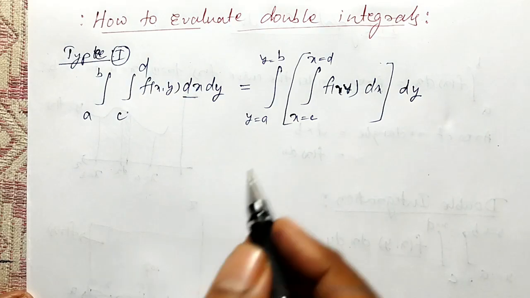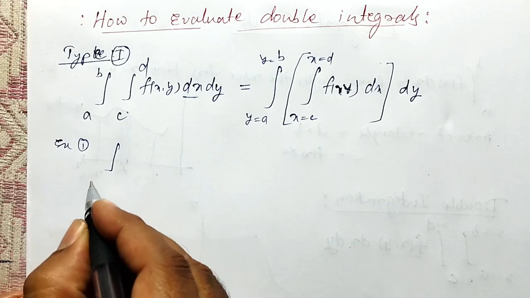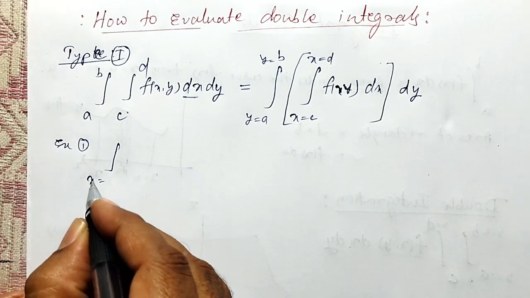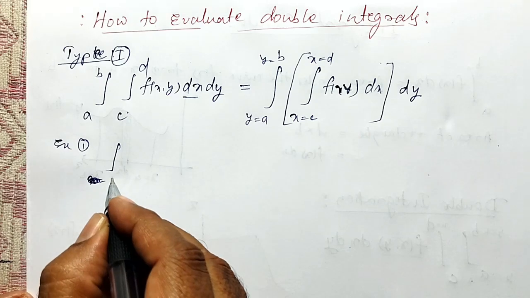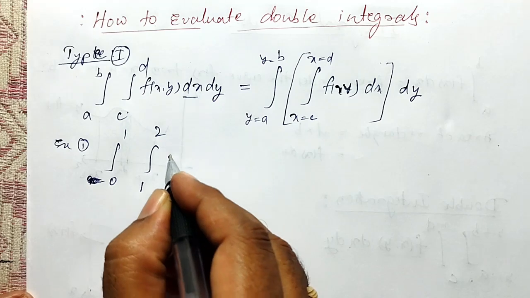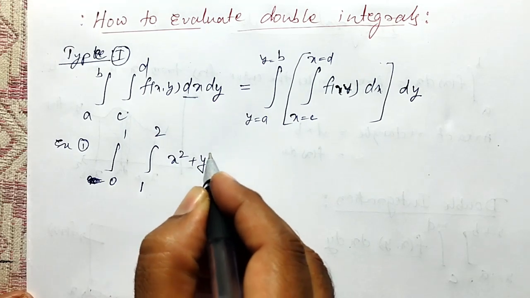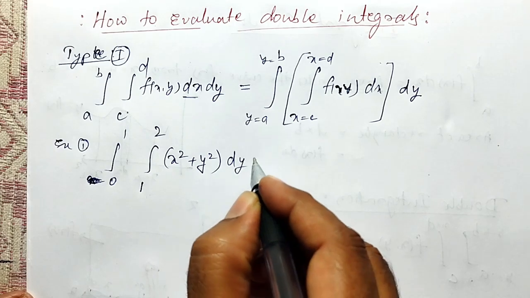One simple example I will consider for this one. Example: integration from x equal to 0 to 1, and y from 1 to 2, x square plus y square into dy dx I will choose.